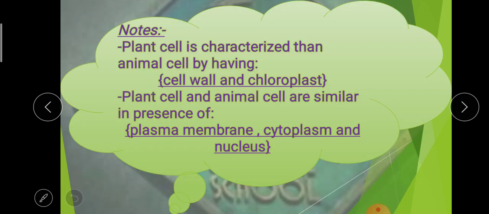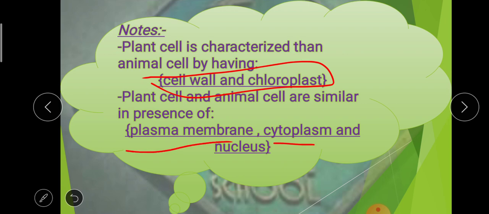It means what? The plant cell is characterized from the animal cell by having what? By having a cell wall and chloroplast. But the plant cell and animal cell are similar in the presence of what? Of plasma membrane, cytoplasm and nucleus.